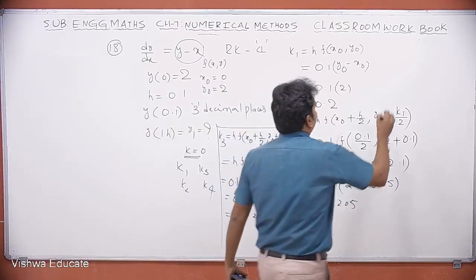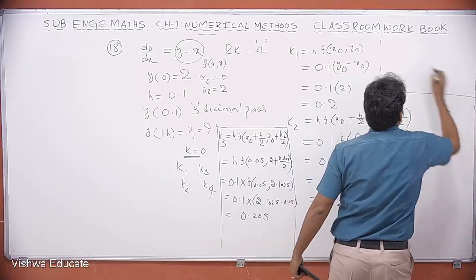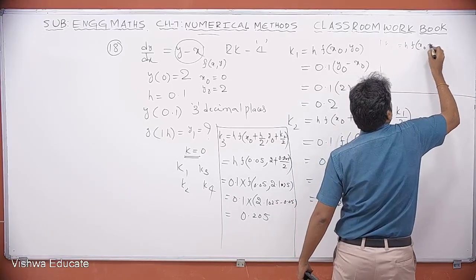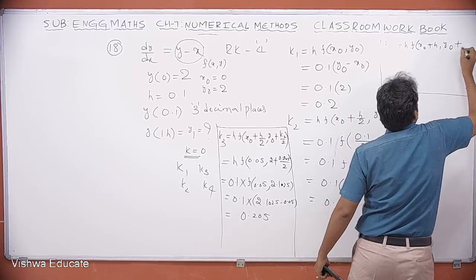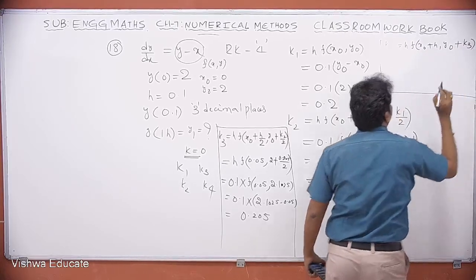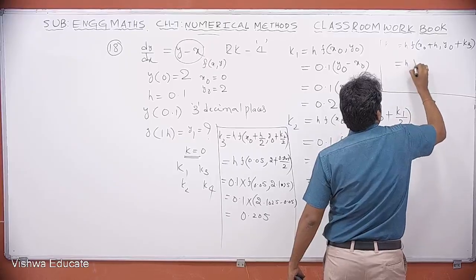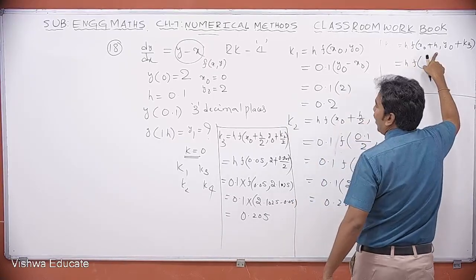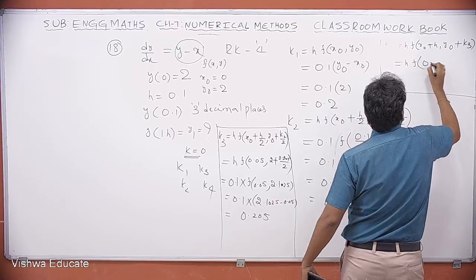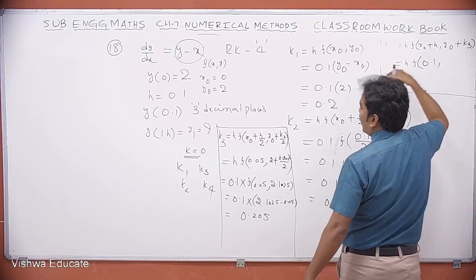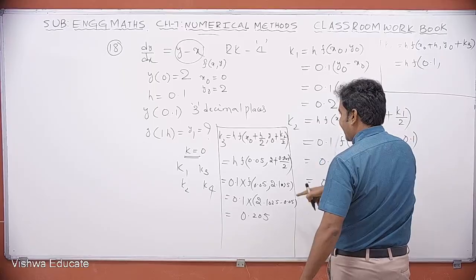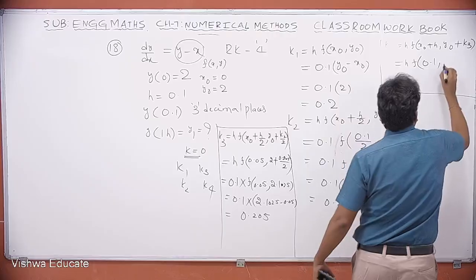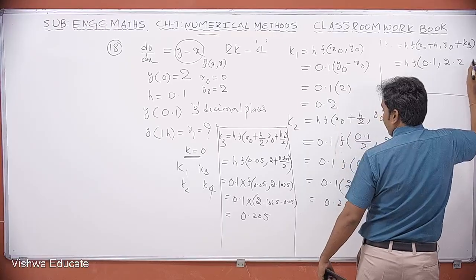Now after that we find K4. The value of K4 is h into f of x naught plus h, comma y naught plus K3. So this is h into f of x naught value 0, h value 0.1, f of 0.1 comma y naught value 2 plus K3. So y naught plus K3 becomes 2.205.